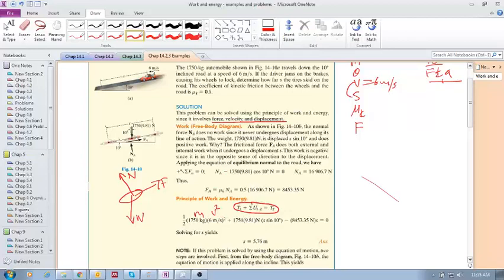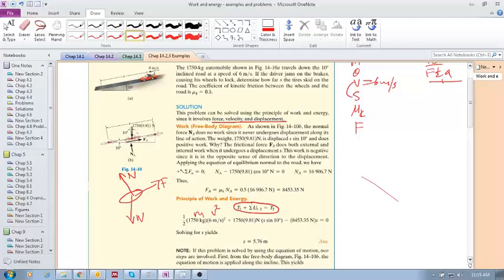But now, what are all the forces acting on the particle that are doing work? That's the key. How many forces do we have in this problem? We've got three forces. Now, before you even look at the answer, which of these forces will do work, either positive, negative, or zero?